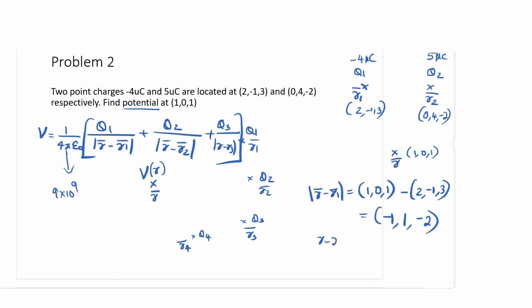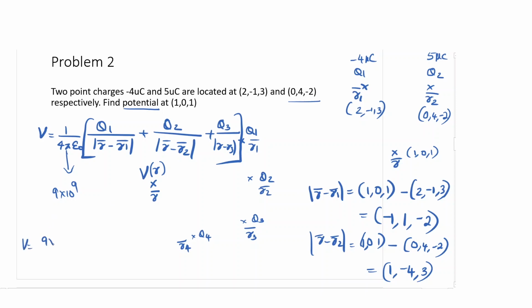Similarly, vector R minus R2 you can calculate separately. That is (1, 0, 1), the main point where the potential has to be found, minus the second point (0, 4, -2): 1 minus 0 is 1, 0 minus 4 is -4, and 1 minus -2 is 3. You can calculate it separately so that you can substitute it directly without any confusion.